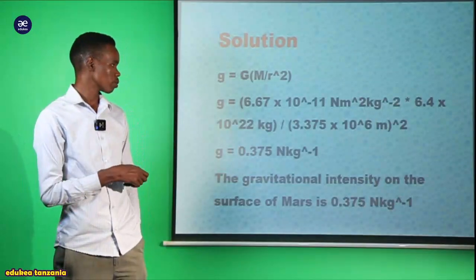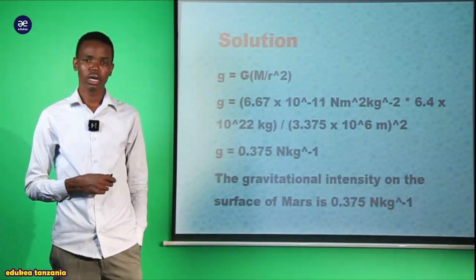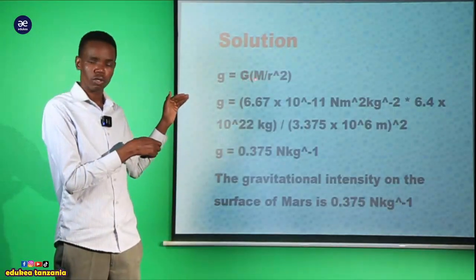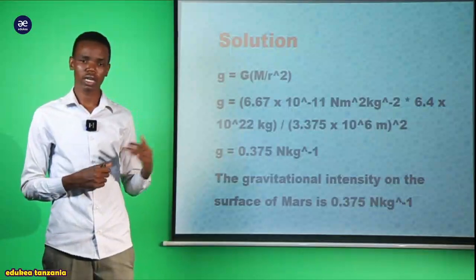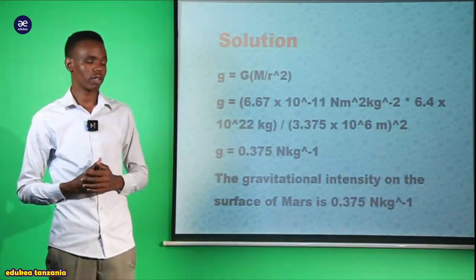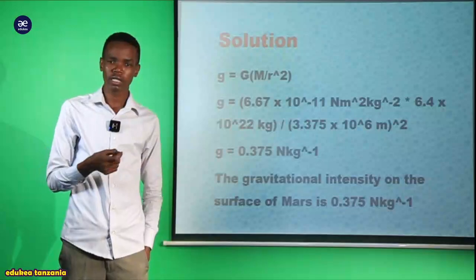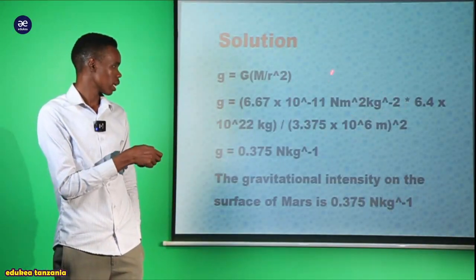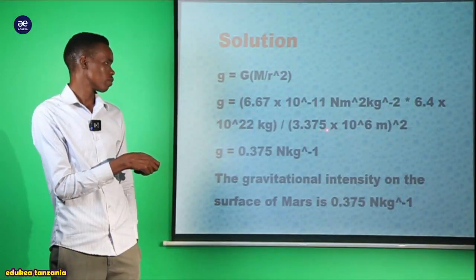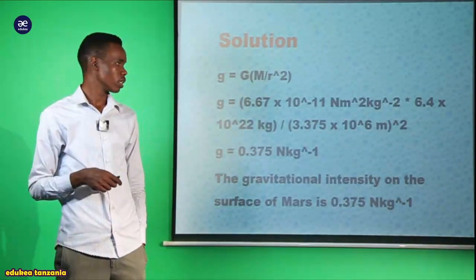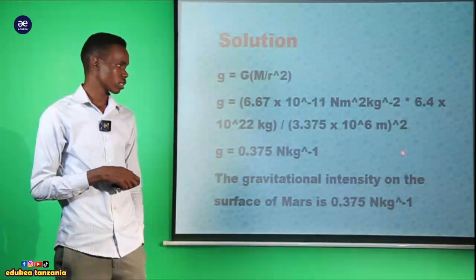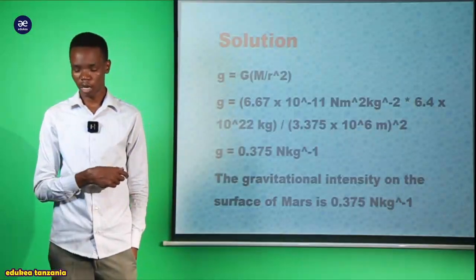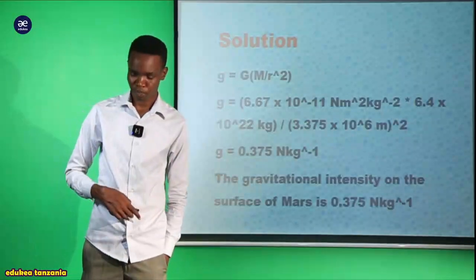So g must be equal to: the universal gravitational constant, with value 6.67 exponent -11, multiplied by the mass, which is 6.4 exponent 22, and divided by the radius, which is 3.375 exponent 6 meters, in a bracket with its exponent 2 as given in the formula.